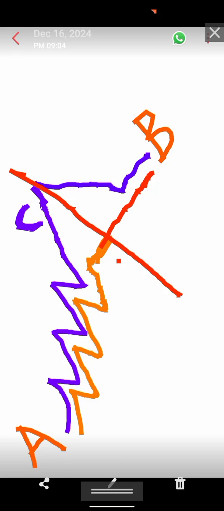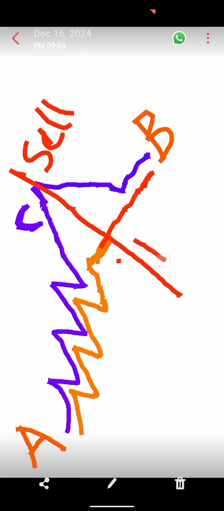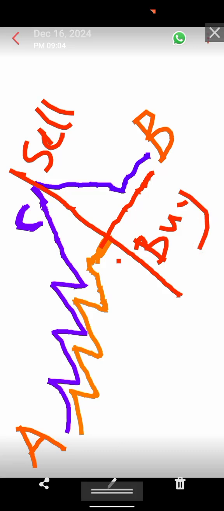So we are taking a sell signal on one, and we are taking a buy signal on the other one. As you can see, this is how we trade, and we make profit.